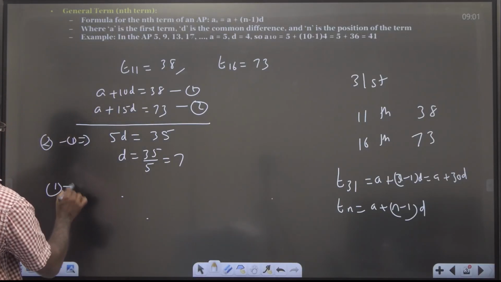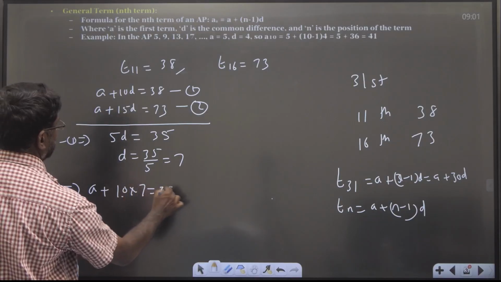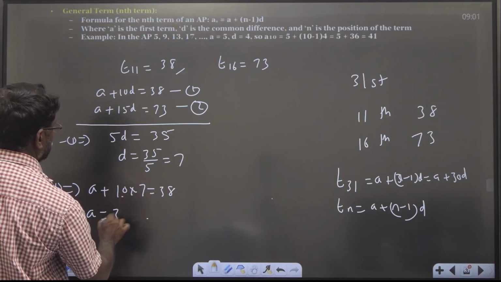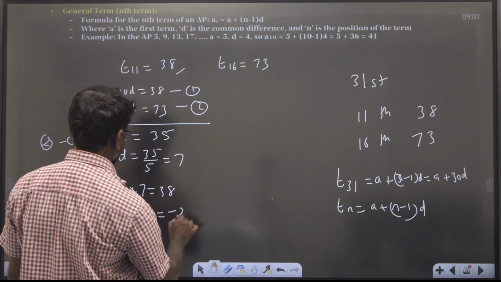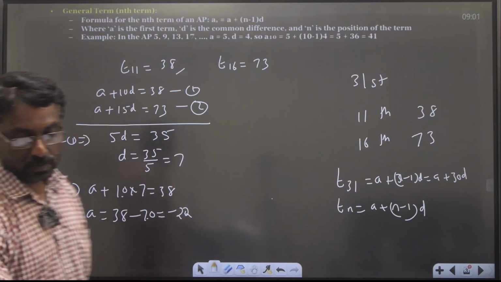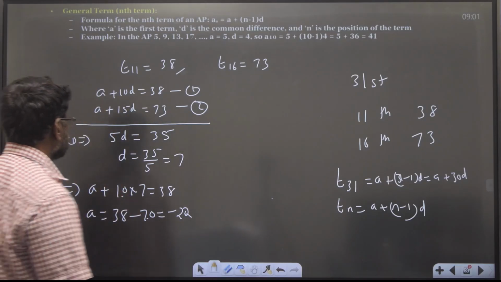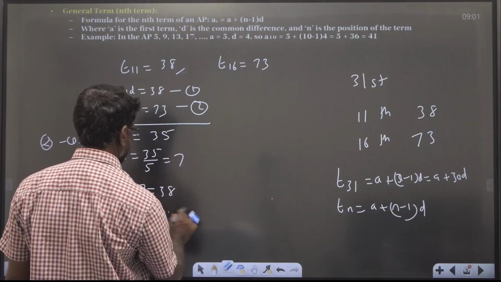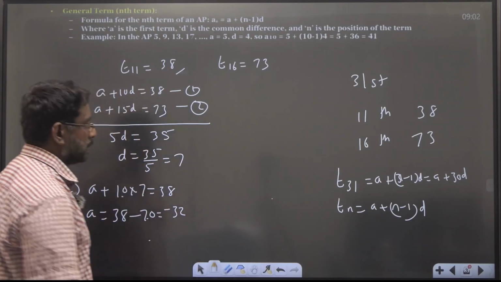Equation 1 becomes a plus 10 into 7 equal to 38. a is equal to 38 minus 70, that is minus 32. So d is equal to 7, a is equal to minus 32.